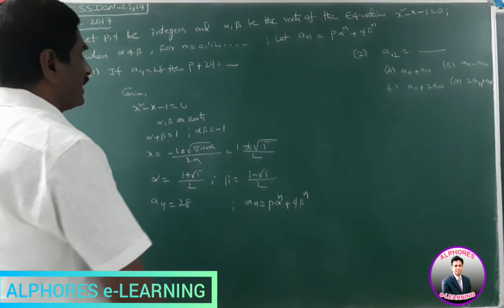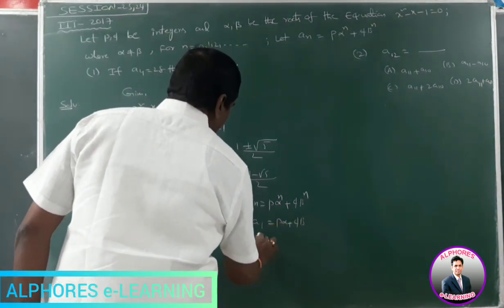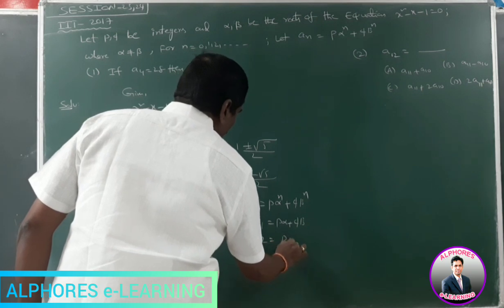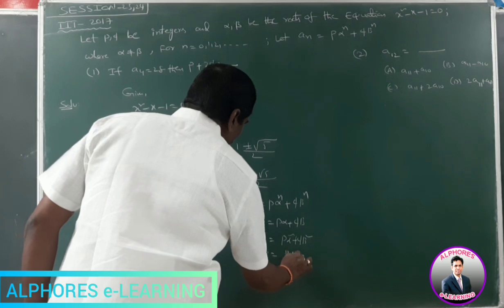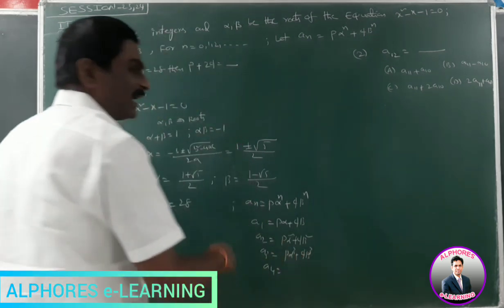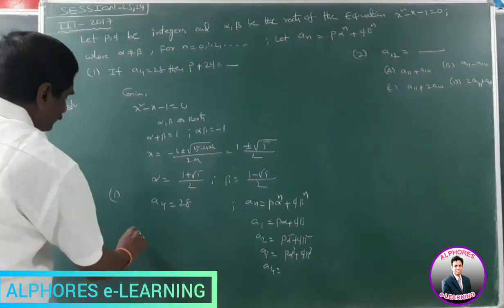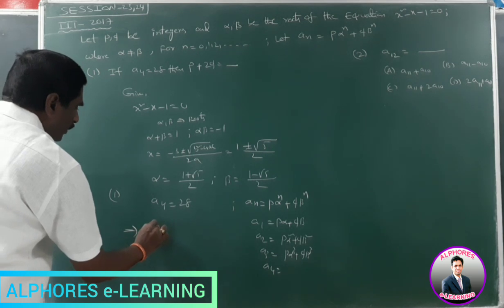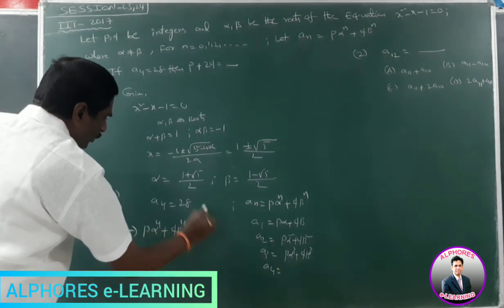That means a1 is equal to p alpha plus q beta. Similarly, a2 is equal to p alpha square plus q beta square, a3 is equal to p alpha cube plus q beta cube, and so on. A4 is equal to p alpha power 4 plus q beta power 4. That means p into alpha power 4 plus q into beta power 4 is equal to 28.